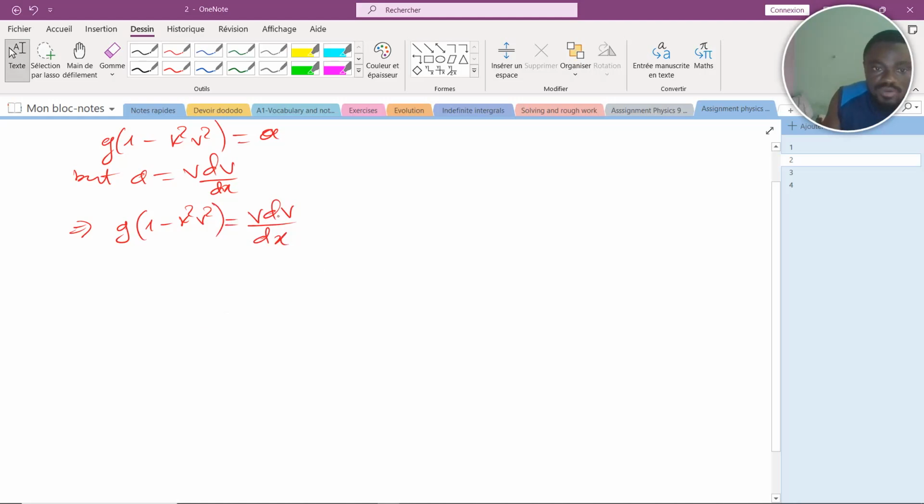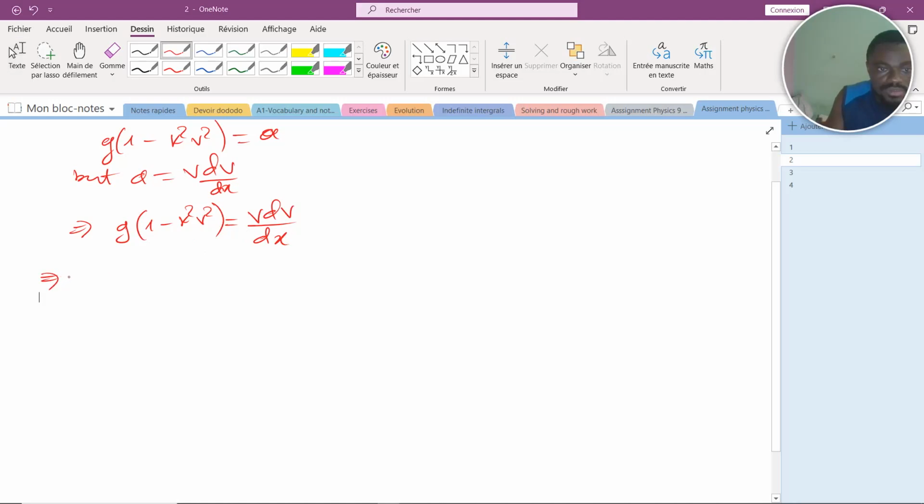Remember, as I told you, the two variables here are v and x, because there is a dv here and a dx here. So let me bring terms in v to one side and terms in x to the other side. I'll bring dx like this and this whole term under this.